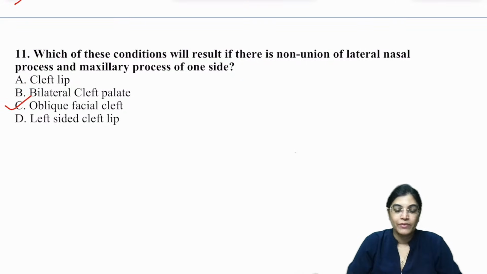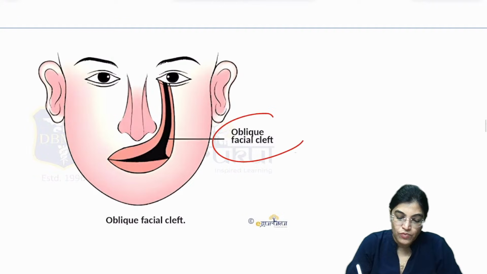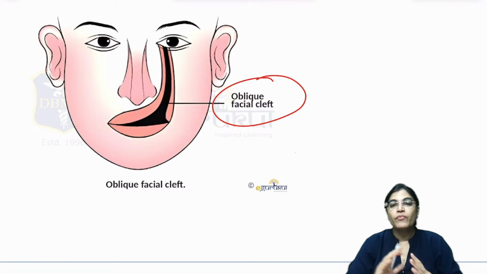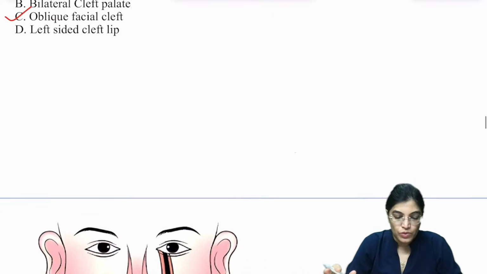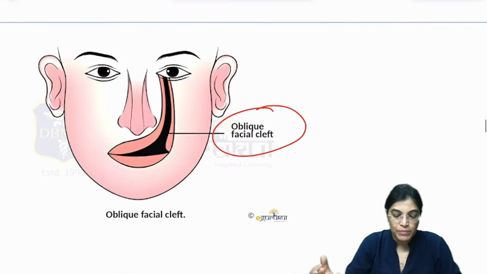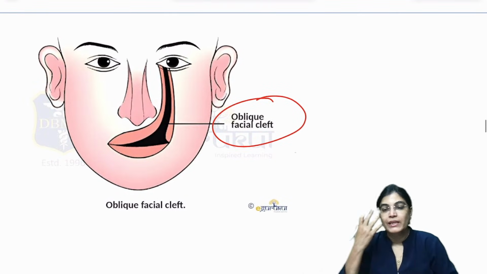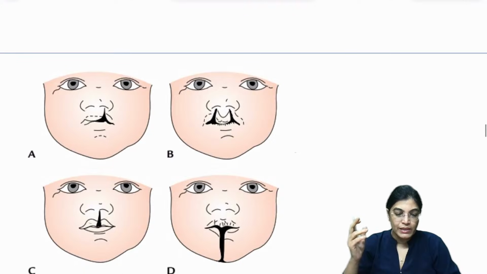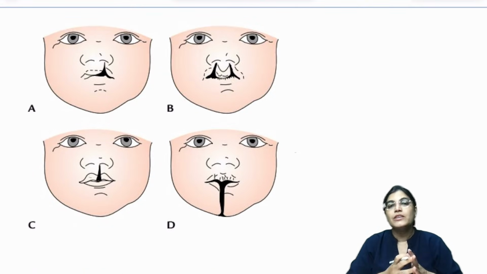Okay, oblique facial cleft. You can see this diagram. This is a case of oblique facial cleft where there is non-union of the lateral nasal process and maxillary process, and the nasolacrimal duct is exposed. Other abnormalities you are seeing in images A, B, C, D are unilateral. The first image is a unilateral cleft lip, due to non-union of the medial nasal process with the maxillary process.